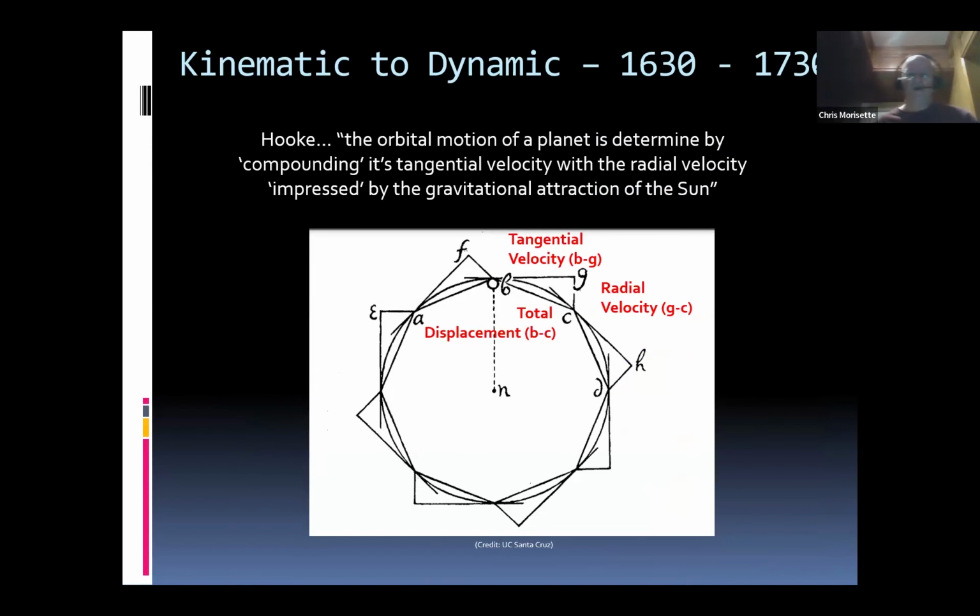Here you see a pretty complicated diagram, and the quote up at the top I'm just going to read to you, because I think it does the best job of describing what Hooke was thinking. What he was saying is that the orbital motion of a planet is determined by compounding its tangential velocity, which you see right here in segment B and G, with the radial velocity, represented down here by segment G and C, and that compounding is impressed by the gravitational attraction of the sun.